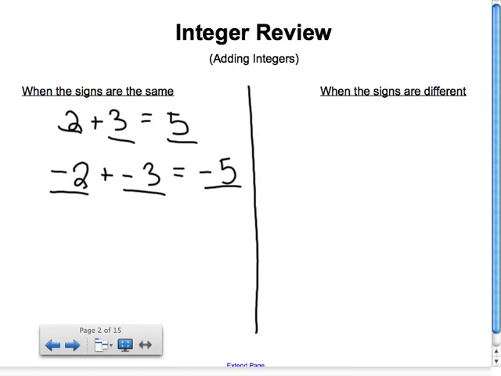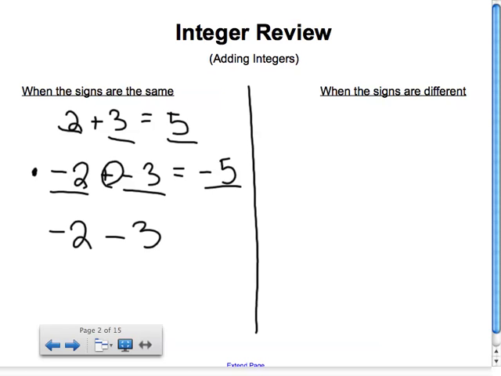Okay? One thing I want to point out, too, is that negative 2 plus negative 3 is the same thing as negative 2 minus 3. The only difference is that the first one is written with a plus sign, and the second one's written with a subtraction sign. Okay? Every time you see a subtraction sign, I want you to keep, change, flip.